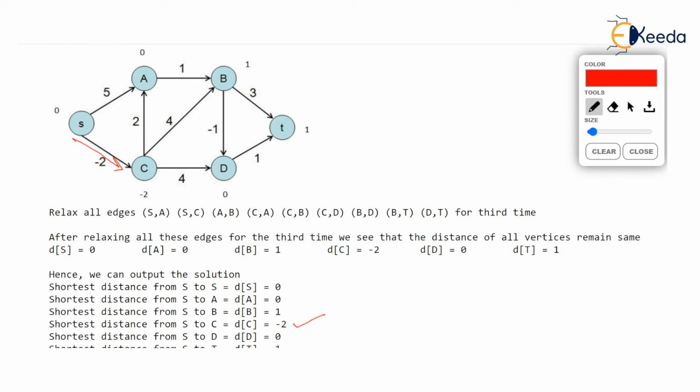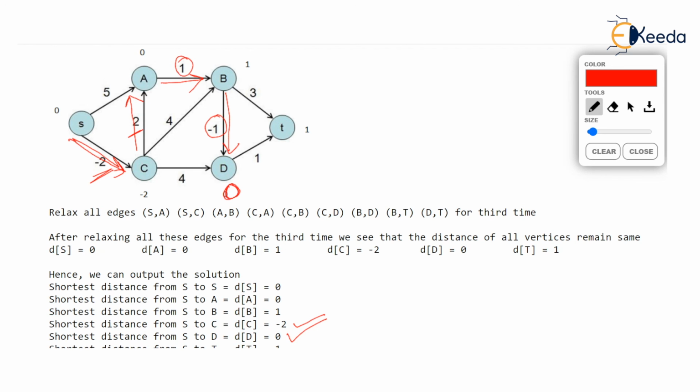Now S to D is 0. How did you get this? You first go from S to C, then C to A, then A to B, and then B to D. This is the path from S to D, and the total is minus 2 plus 2, which is 0, plus 1 minus 1, which is 0. That's why vertex D is at distance 0.